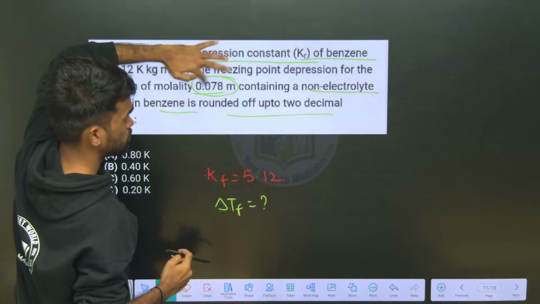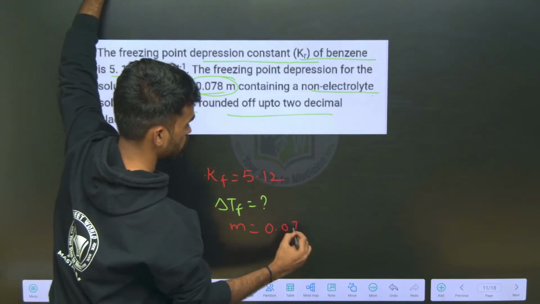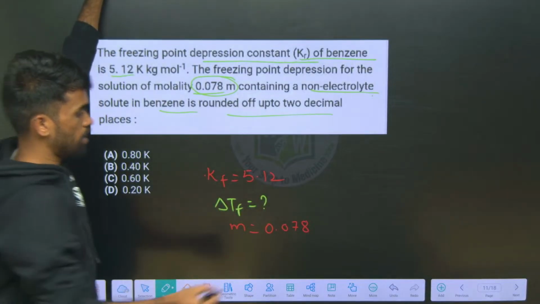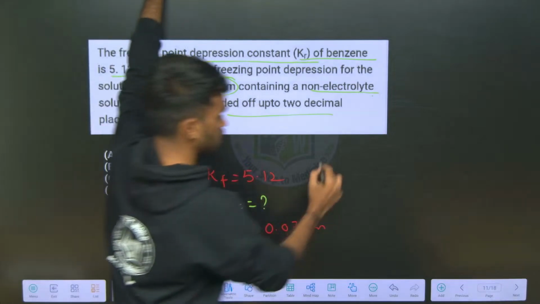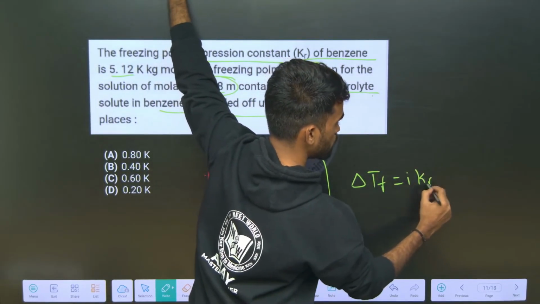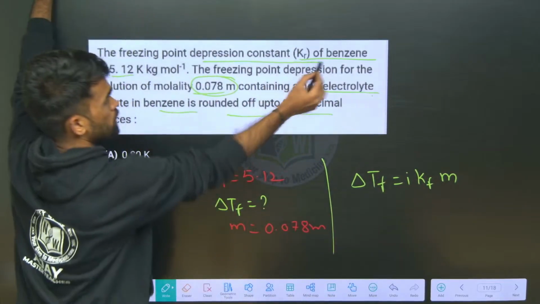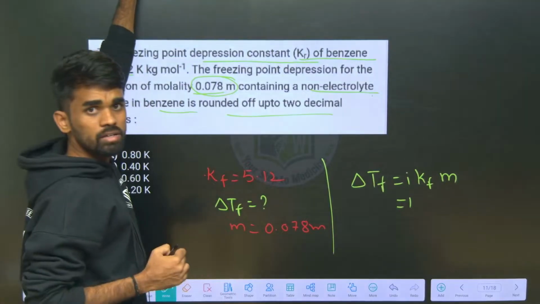And the molality concentration is given as 0.078 molal solution. So we need to find this, very easy now. Delta Tf equals i Kf m. So what is the i value? See, for benzene, it's a non-electrolyte, so the i value you can take as 1.